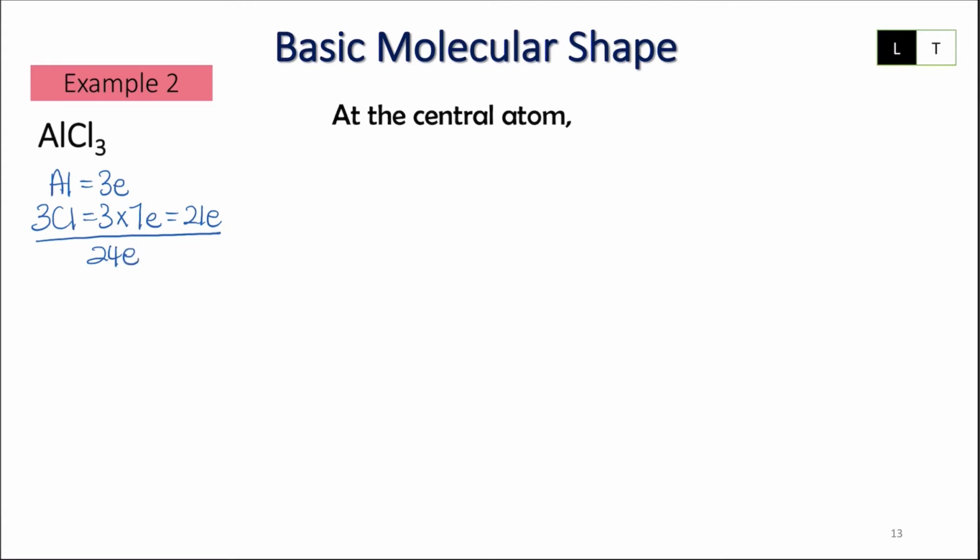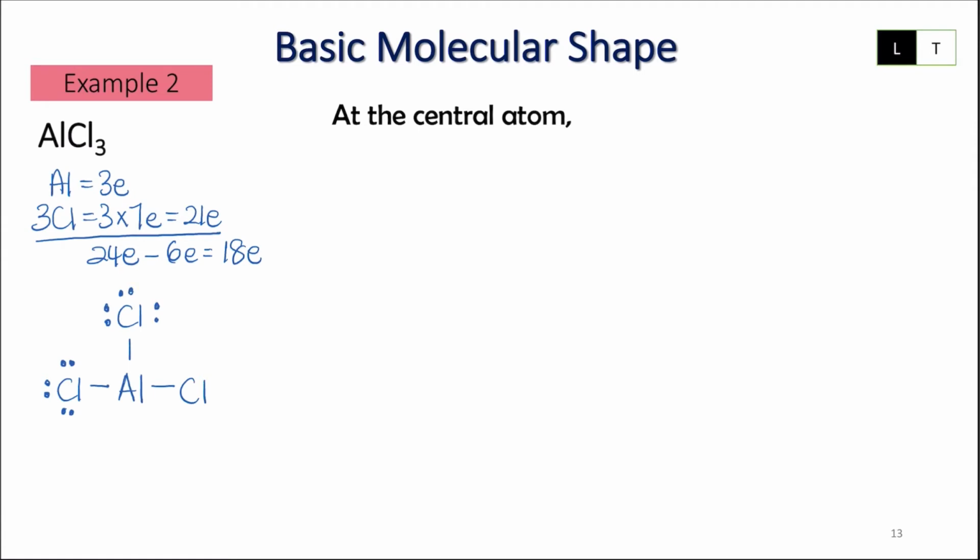And after that, Al will be my central atom. And I got 3 bonding pairs because 3 chlorine atoms. So you use up already 6 electrons. So what's left is 18 electron. And after that, each of them will get another 6 electrons for the terminal atom, our chlorine atoms.